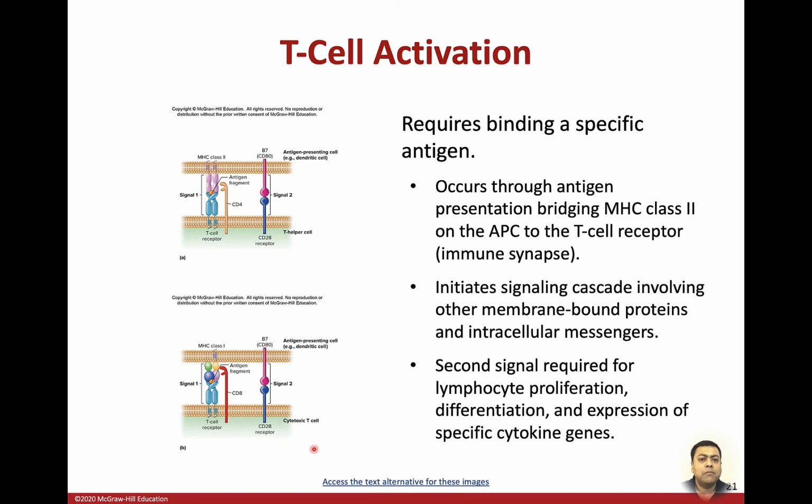So the take-home message from here is that once a T cell is presented with an antigen, it will become an active or effector T cell. Remember that once the T cell develops in the thymus, it is already a developed T cell, ready to go, but it has not seen any antigen yet.